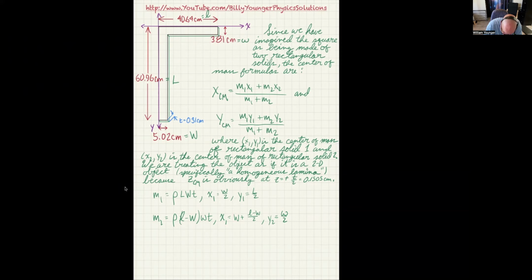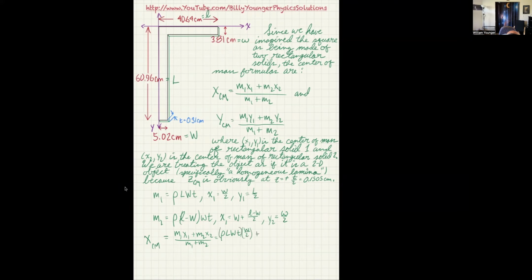Now that I have that, I can go ahead and write that X center of mass, and I'm keeping these symbols for a reason. You're going to see there's a lot of cancellations. That's the whole purpose of me keeping all these symbols for so long. So the X center of mass is going to be equal to M1 X1 plus M2 X2 over M1 plus M2, which is going to equal M1, of course, rho L W T. And then X1 is going to be W over 2.